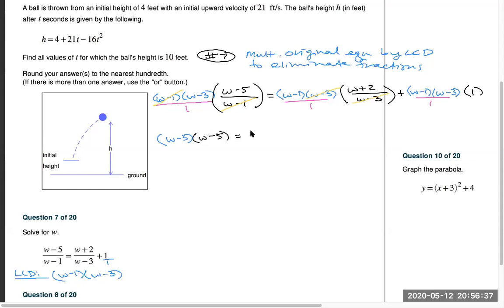You're left with W minus 1 times W plus 2. You have your plus between, and the last bit, you're just left with W minus 1 times W minus 3, the factor.